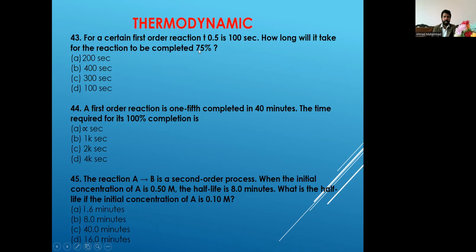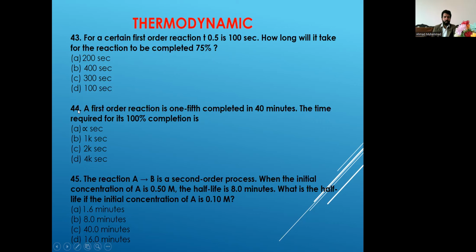Actually, you can put the value in to find the rate constant or the completion time up to 75%. You get this value by putting it into the formula and get the time of completion for 75%, which will be equal to 200 seconds. So the right option is option A.